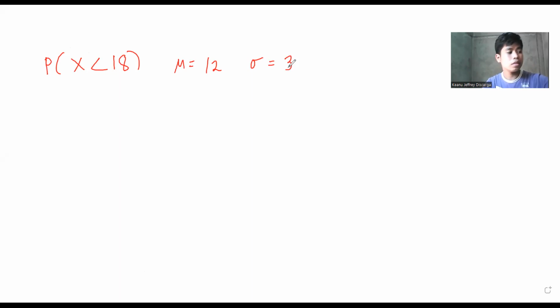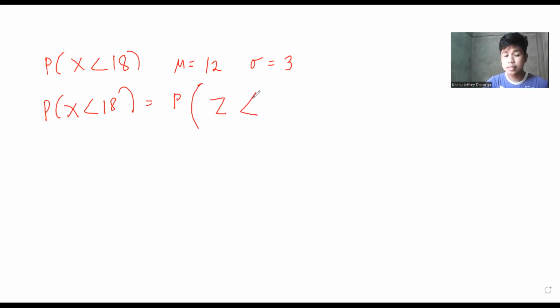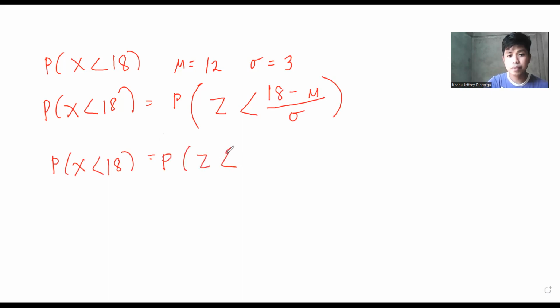So the formula that we will use in this problem is the probability of x less than 18 equals the probability of z less than, then copy the 18 minus the mean all over the standard deviation. We substitute the mean: 18 minus the mean, which is 12, and our standard deviation is 3.